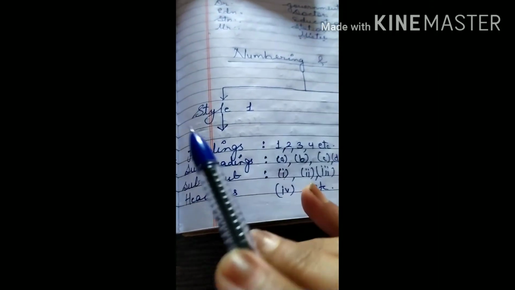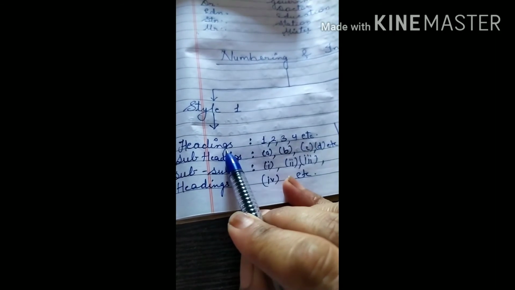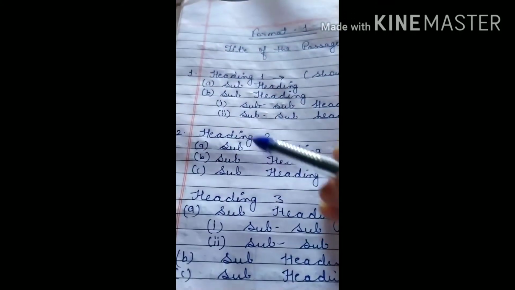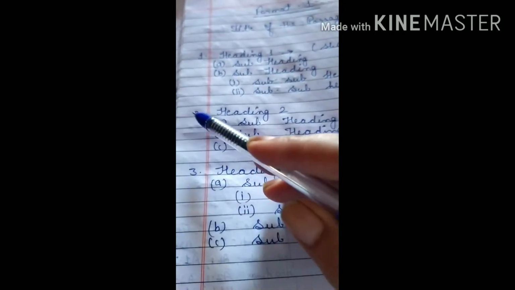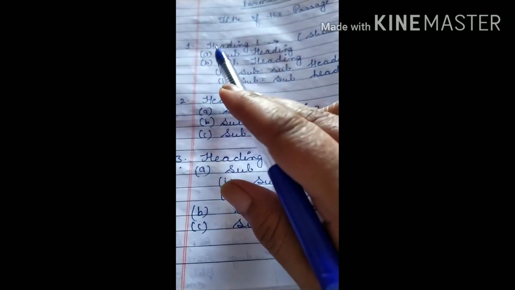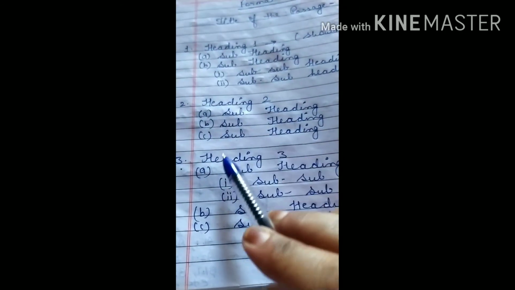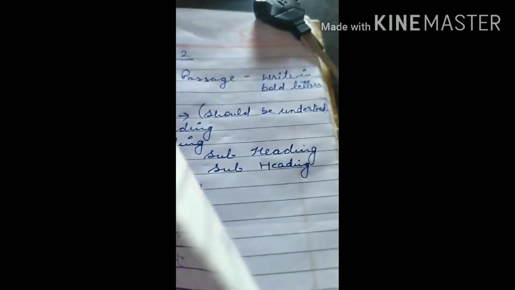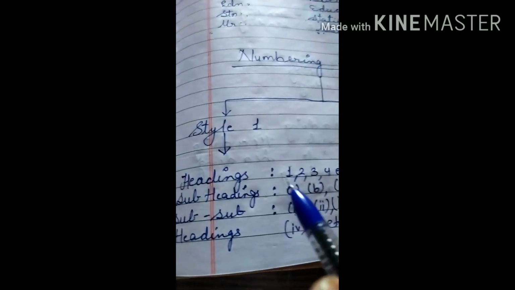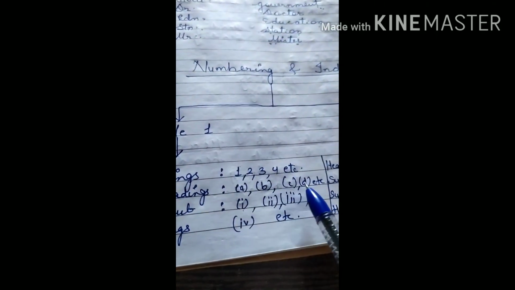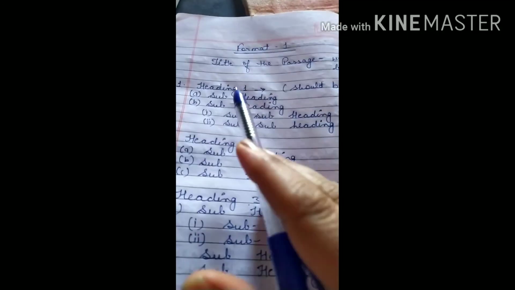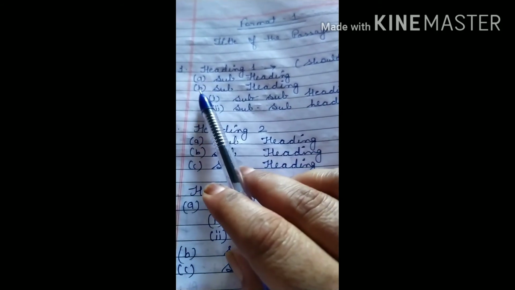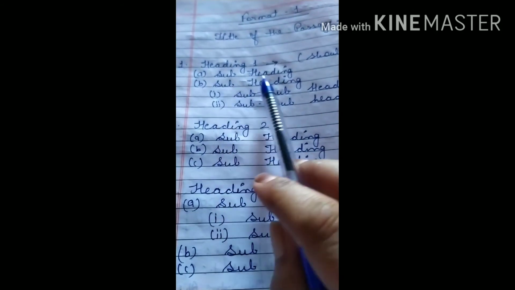Style number 1, where we have studied just now that for headings we use number 1, 2, 3, 4. And here also we are using number 1, number 2, number 3 only for headings. Heading number 1, number 2, number 3. Clear? Now for subheadings, small letters A, B, C, D. And here also for subheadings we are using A, B. See, subheading, subheading.